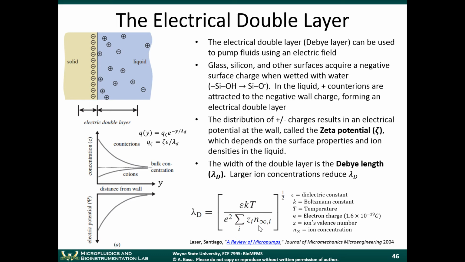If an ion is, for example, Na+, sodium has a single positive charge, so in that case Z would be +1. For the chloride ion, Z would be -1. And n would represent the ion concentration for each one of these, which in the case of NaCl would be equal to each other because you have equal amounts of both.